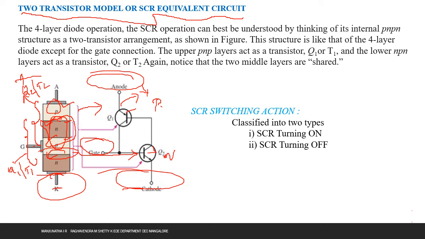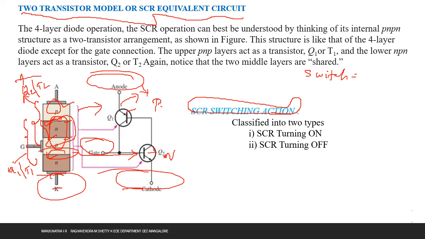The most interesting topic we need to discuss here is SCR switching action. What does SCR switching action mean? Any device like BJT, FET, SCR or diode, the most common application is using these devices as a switch.